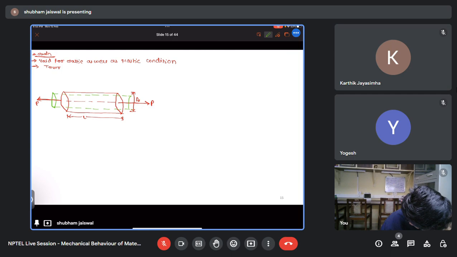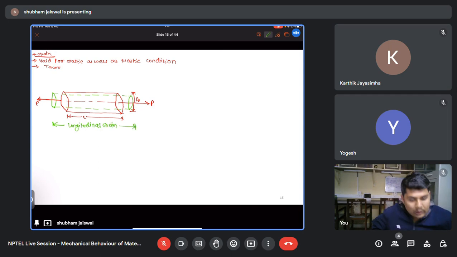So what happened here? Its length got increased and the diameter got reduced. So this is nothing but your longitudinal strain. Okay, and this is your which strain? It is lateral strain.